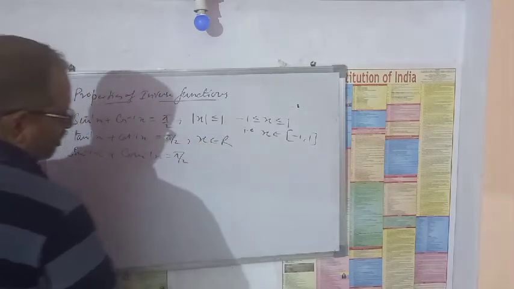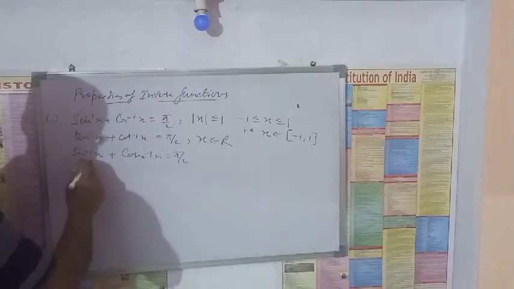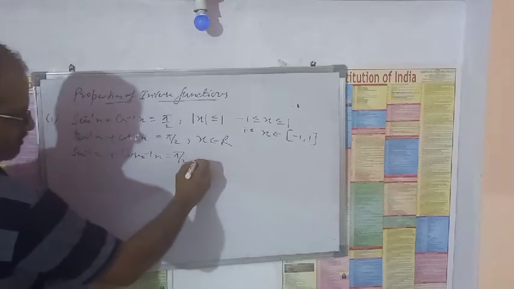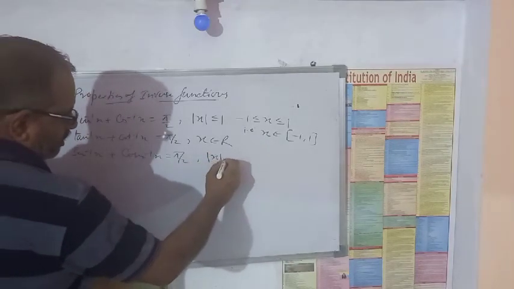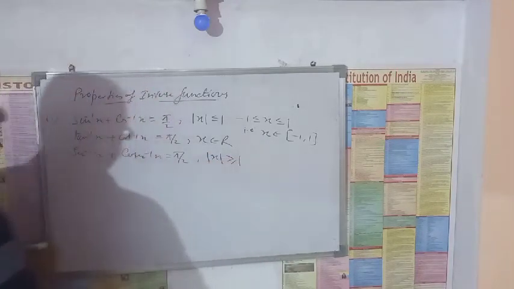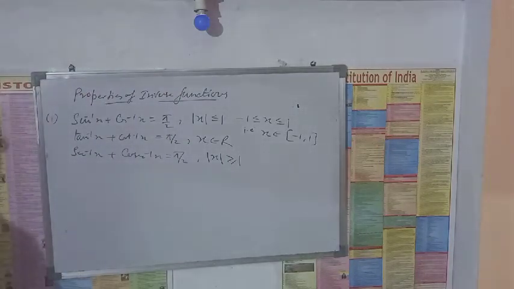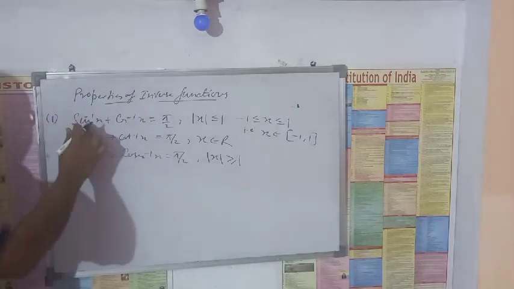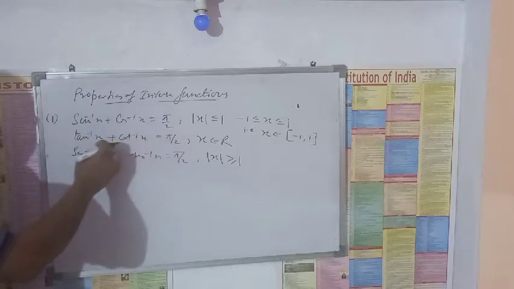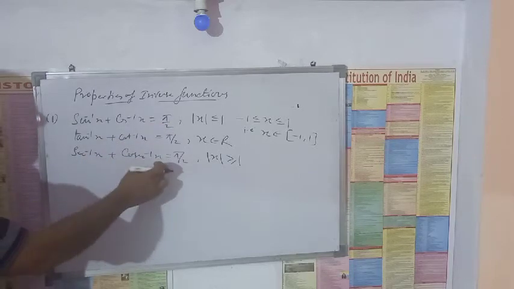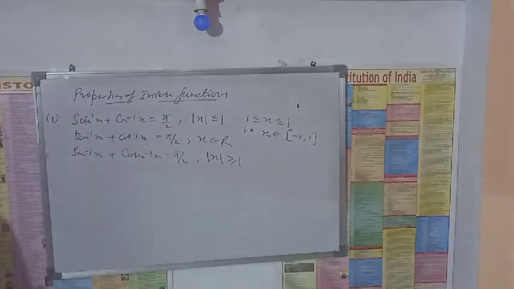It is true for all the real numbers. And sec inverse x plus cosec inverse x is pi by 2, for mod of x greater or equal to 1. So one result is this one: sin inverse x plus cos inverse x, tan inverse x plus cot inverse x, sec inverse x plus cosec inverse x is pi by 2.